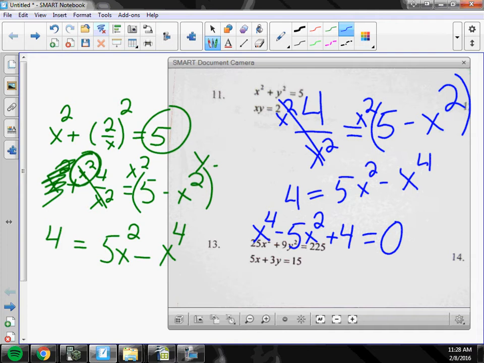So it would look like this: x minus 4 and x minus 1, right? If it was x squared and x to the first, then it would factor to be x minus 4 and x minus 1. So if it's x to the fourth and x squared, it's just x squared minus 4 and x squared minus 1. So it looks harder, but actually it's the same.